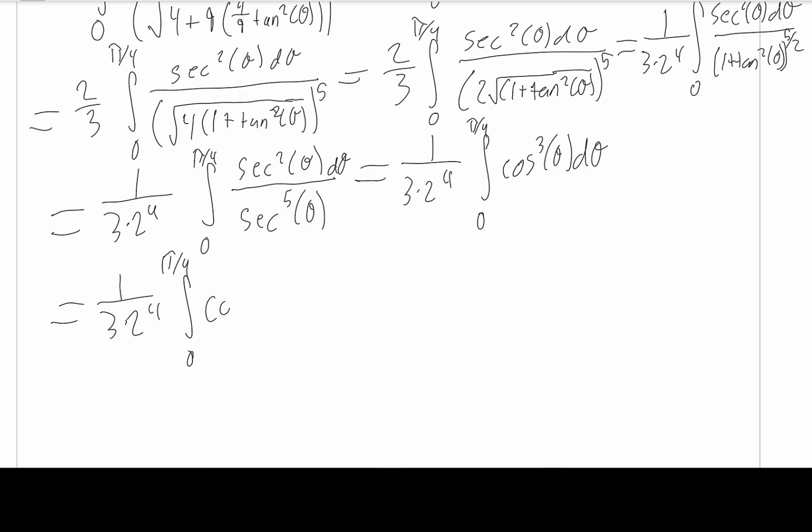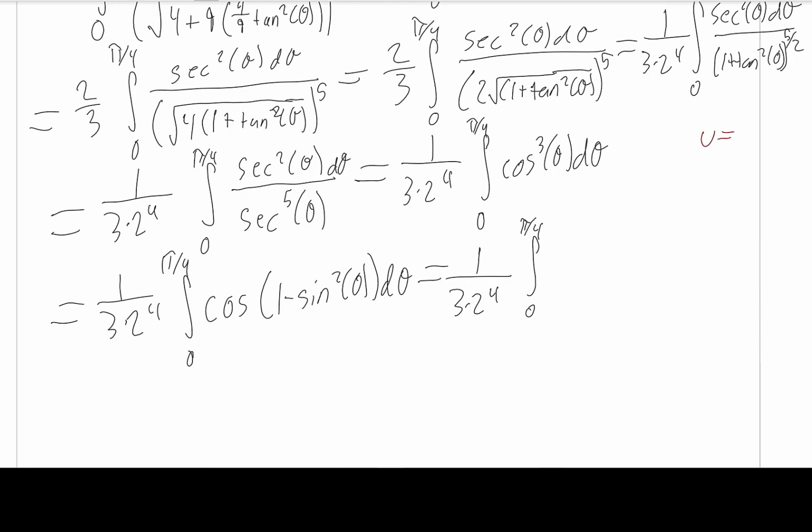So let's see. We'll factor out a cosine, so this becomes cosine times cosine squared theta. And then we rewrite this using that cosine squared theta is equal to 1 minus sine squared. So this is 1 minus sine squared theta, d theta. And so we get 1 over 3 times 2 to the 4th, the integral from 0 to pi over 4 of, what I'm going to do here is go ahead and use u substitution.